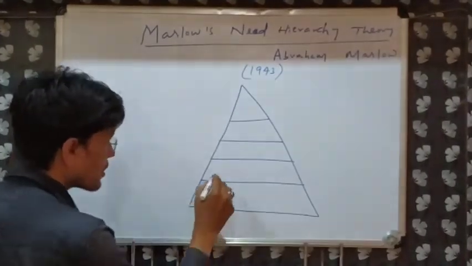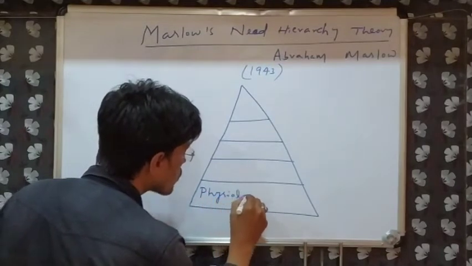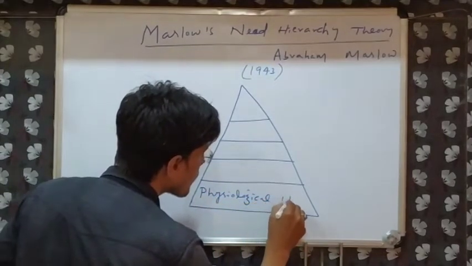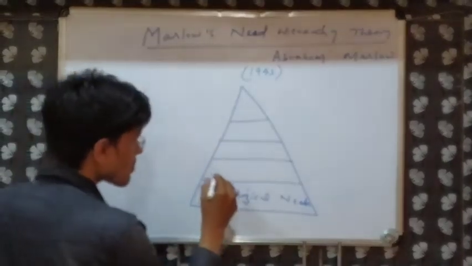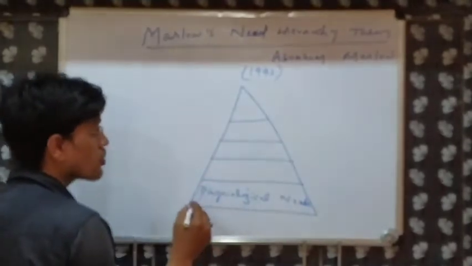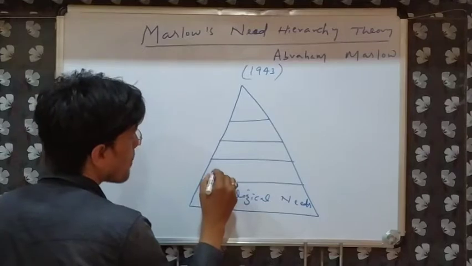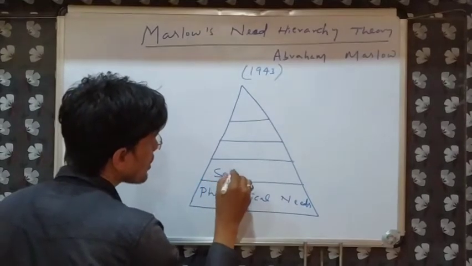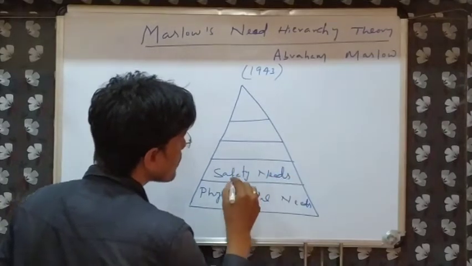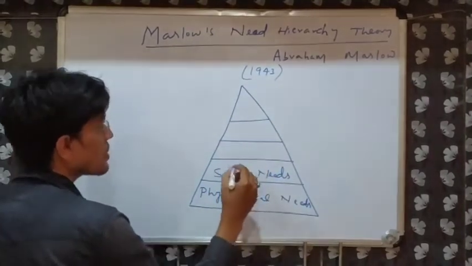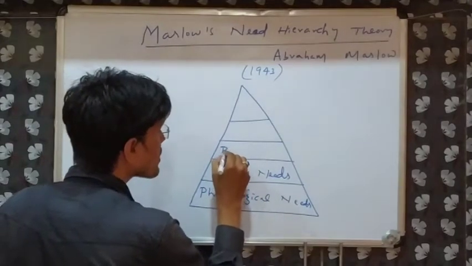They are: first, physiological needs. Second, once physiological needs are satisfied, he looks forward to safety needs. Next, belongingness needs.